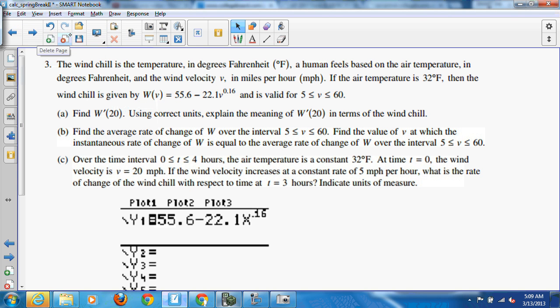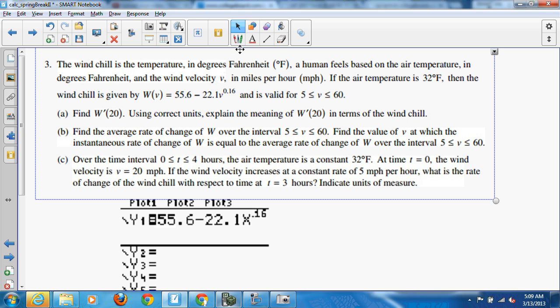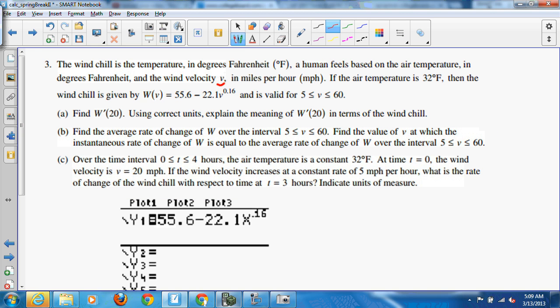Okay, let's try a related rate problem. It's from the AP test 2007, I believe, and they're giving us the wind chill in degrees Fahrenheit, with the wind velocity being v in miles per hour, and if the air temperature is 32 Fahrenheit, the wind chill is given by this formula.